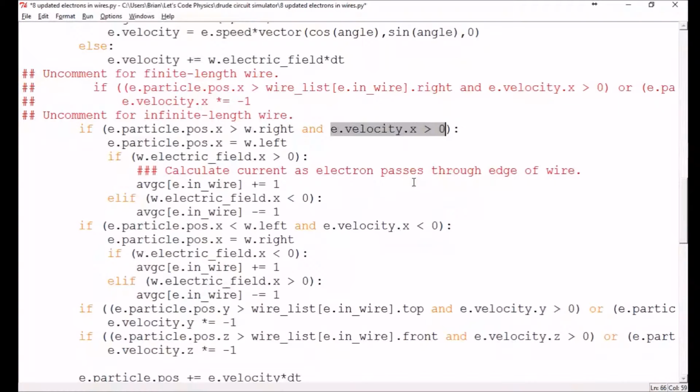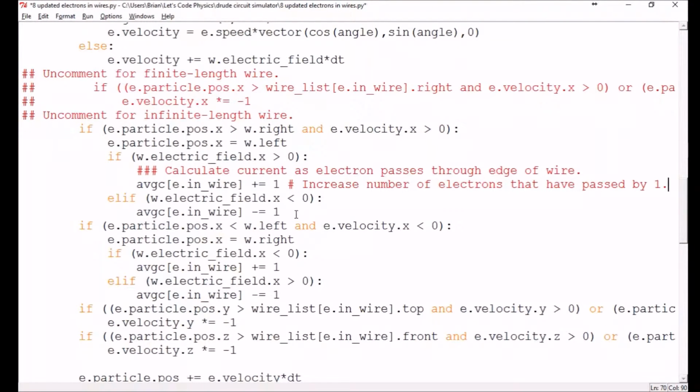Current is the amount of charge per time, so you can make that equivalent to the number of electrons per unit time. So if that happens, then our current is going to increase by 1. This is keeping track of the number of electrons that have passed.